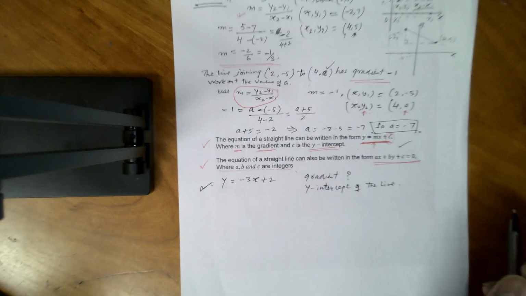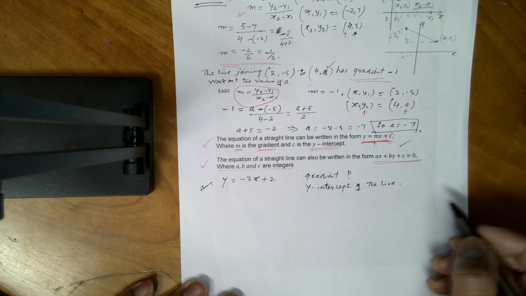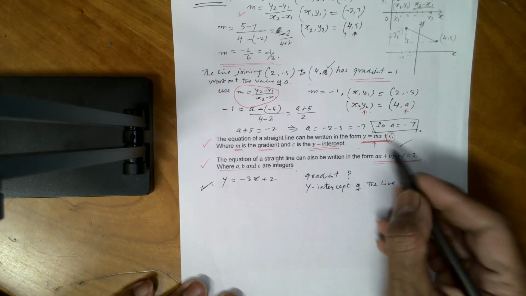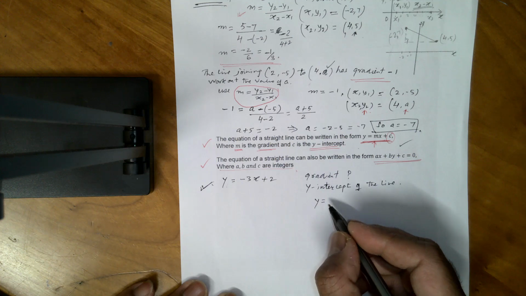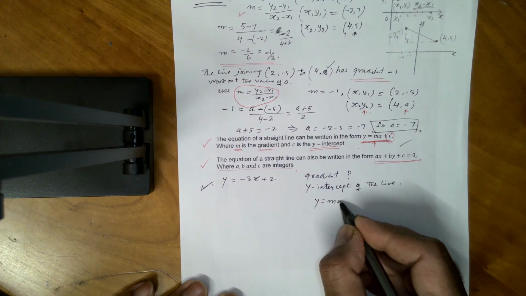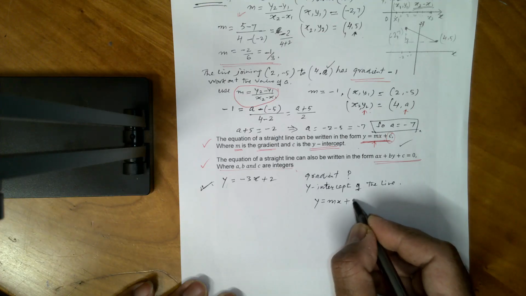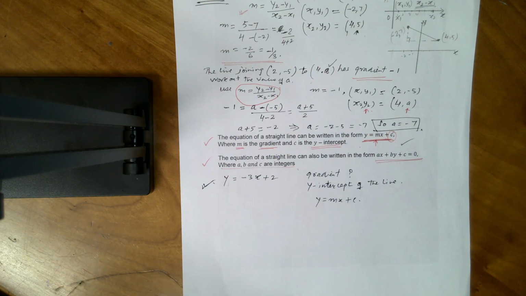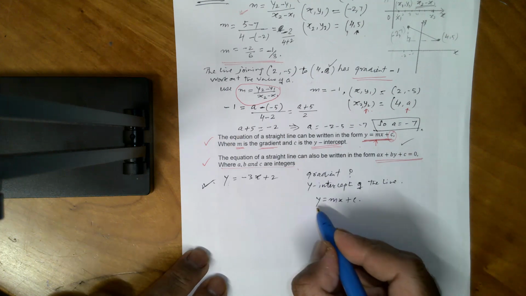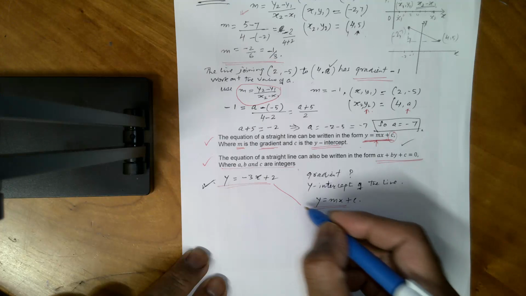So as you know, the equation of the straight line can be written in the form y equal to mx plus c. This is what we need to make it if it's not in this form.